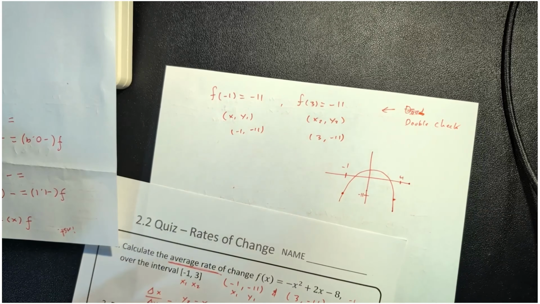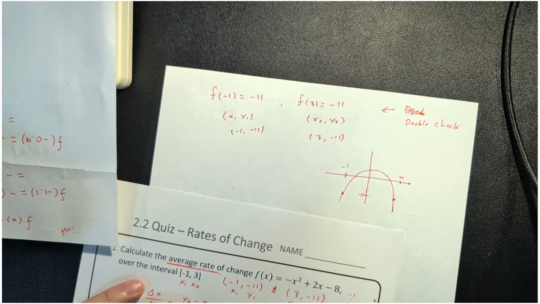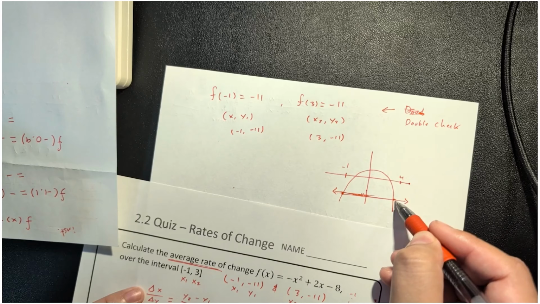That's what this is kind of saying. So if I draw a line between these, it's saying that my slope between these 2 points is 0. It's saying that my average rate of change is 0.